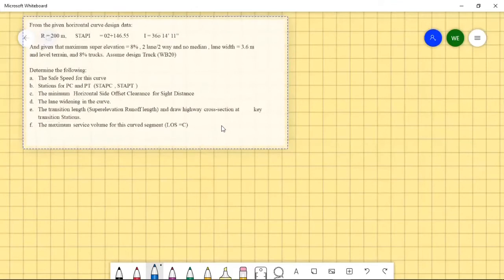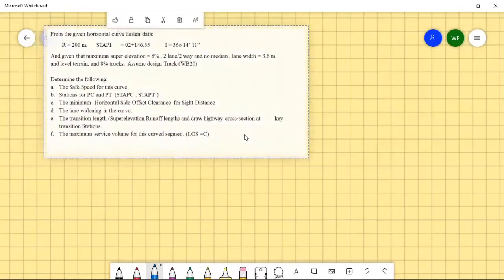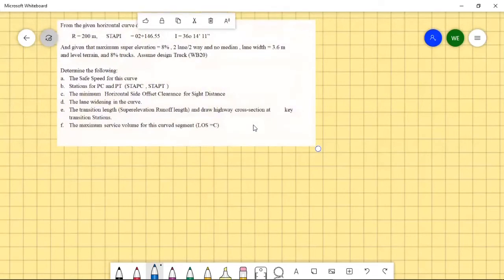So what is the problem here? We have, for the given horizontal curve design, R, that's the radius, 200 meters, station of PI, that's the station of the point of intersection, is this, and the I, that's the angle, the delta, is 36 and so on.